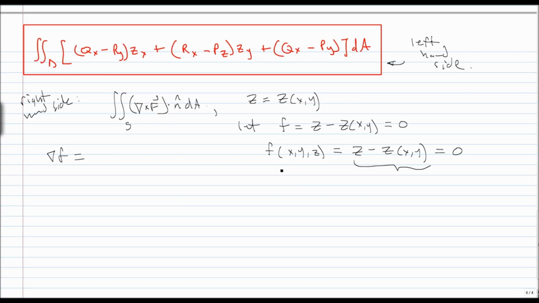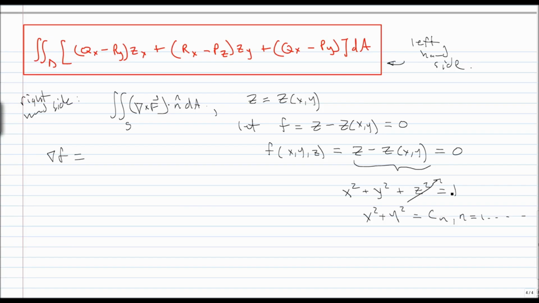Usually a level curve you would have, let's say you have some sphere like this. If I want to find out what the level curves of this sphere are, I can set z equal to different numbers, and then I can plot the resulting circles here, where Cn is just a bunch of different values.